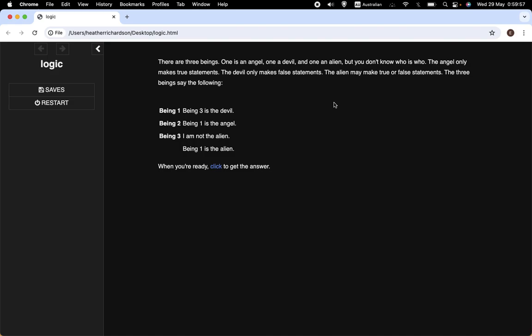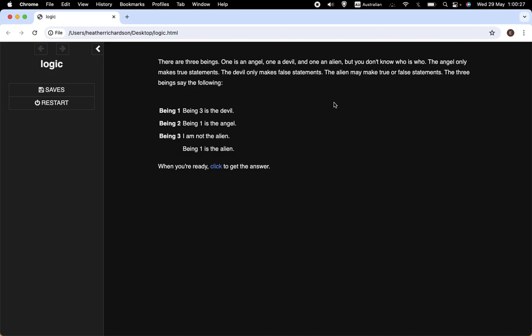In other words, being one is the angel, being two the alien, and being three the devil, or devil, alien, angel. In other words, being one is the devil, being two is the alien, and being three is the angel. So we have three possibilities, and that is alien, devil, angel, or angel, alien, devil, or devil, alien, angel.